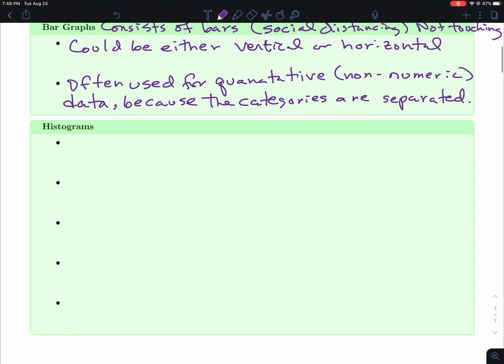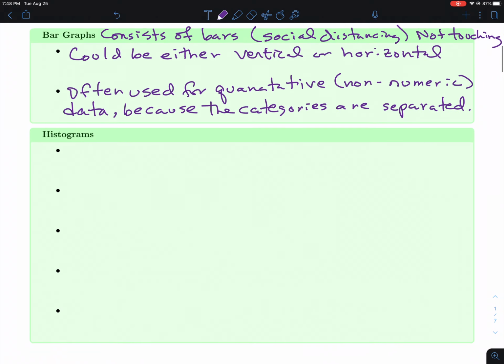A histogram, on the other hand, consists of bars that are not social distancing, so they're actually touching each other.